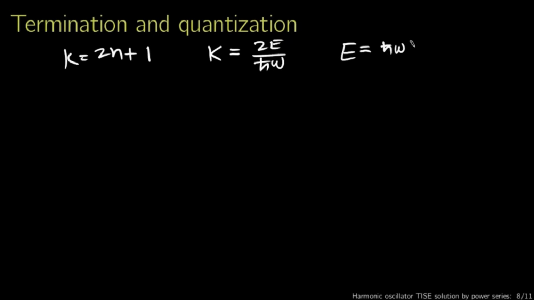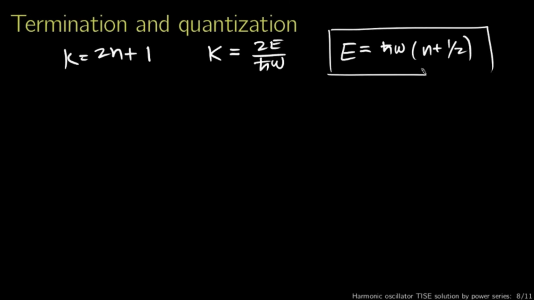So, as I mentioned, this is what gives us quantization. We had k equal to 2n plus 1. k was originally defined to be 2E over h bar omega. And if you combine these relations together, you end up with a condition on E, the separation constant, which we know is related to the energy. It's equal to h bar omega times n plus a half.